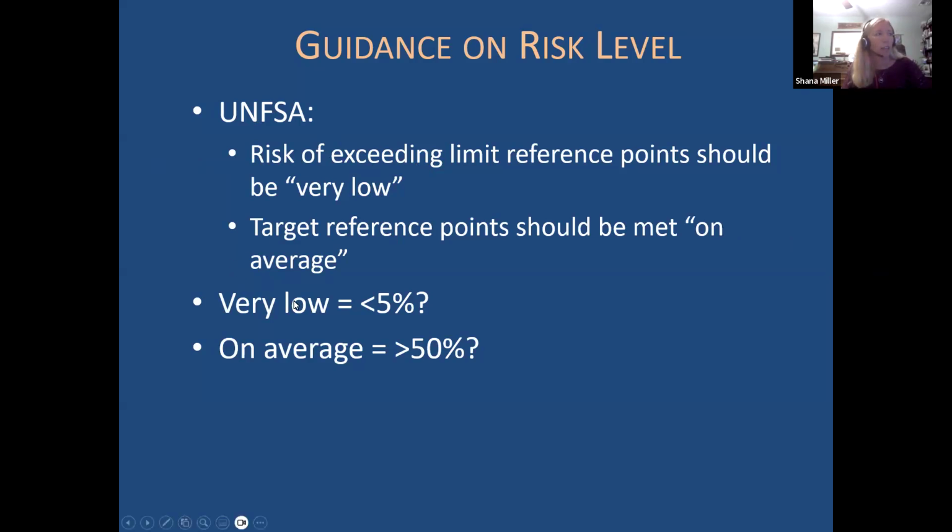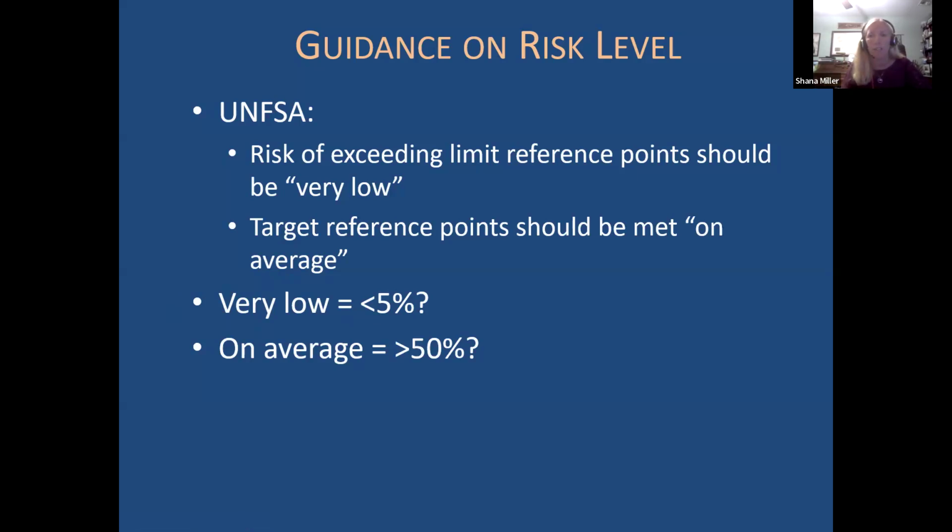These terms, very low and on average, are of course not too specific. So it begs the question, what does very low mean from a quantitative perspective? Our reference points need to have quantities attached to them to be specific and measurable management objectives. Does very low mean less than 5%? Less than 15%?